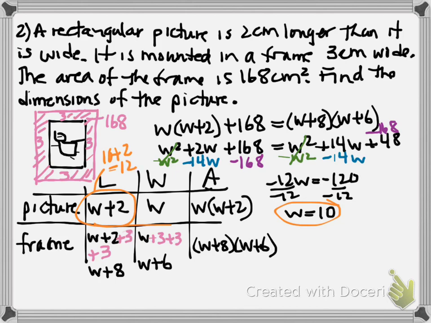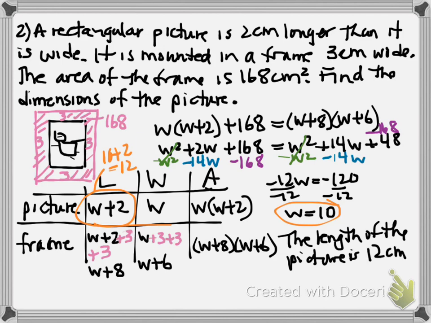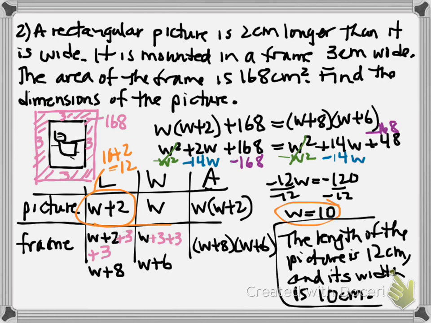So my solution is the length of the picture is 12 centimeters, and its width is 10 centimeters. It doesn't matter which answer you list first. It does matter that you get both of them and then you get them labeled with their dimensions.